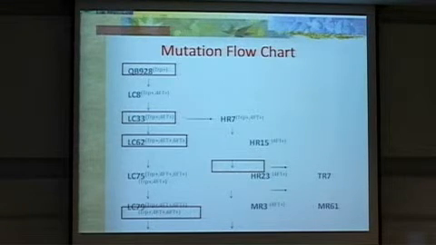And so this is the chain of mutations. QB928 is converted to, in a couple of isolation steps, LC33, which grows on 4FT as well as tryptophan, then LC62, 75, and then the HR7, HR15, which should be over here, and this one grows only on 4FT and not on tryptophan.